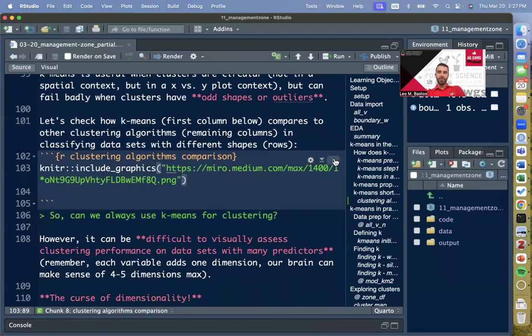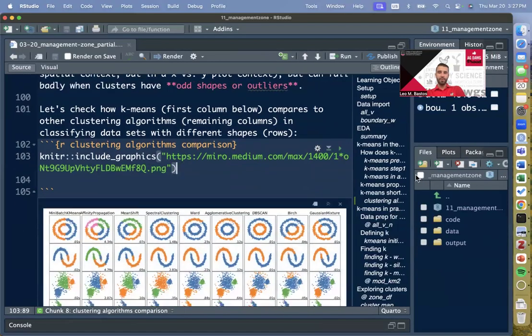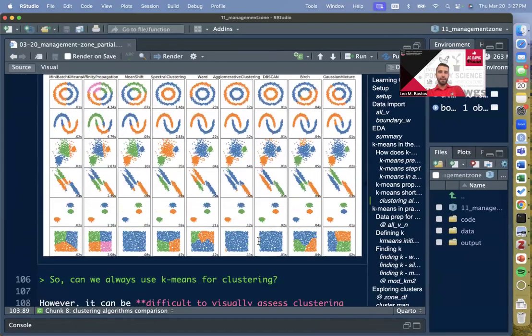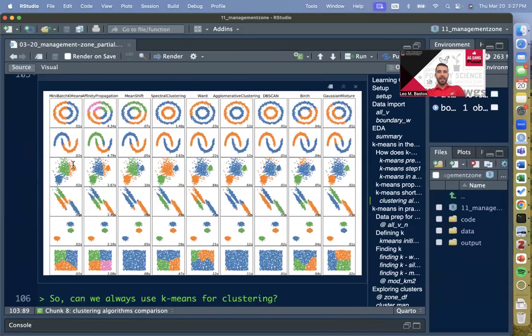So if you run the next chunk, I have a figure from a paper that I want to show you here. What's going on here is that each row of this figure is a different data set. Each column of this figure is a different clustering algorithm. The one that relates to k-means is the first column.